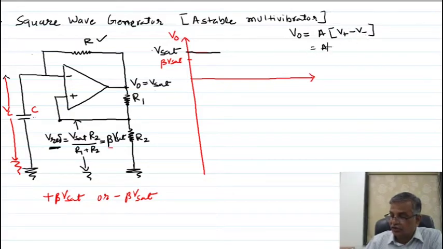So the gain, you know, is beta V sat minus Vc, the voltage across the capacitor.